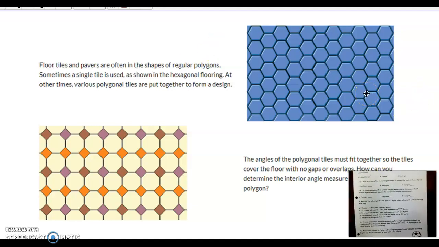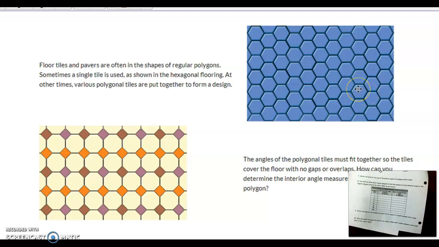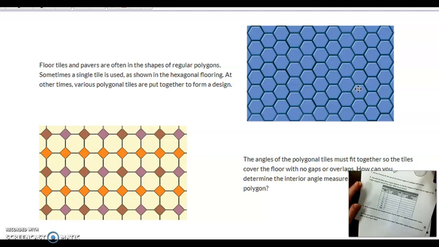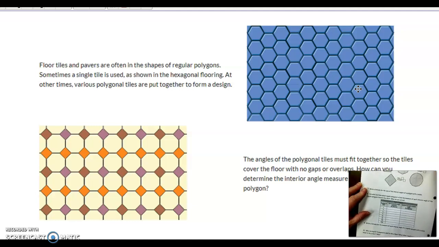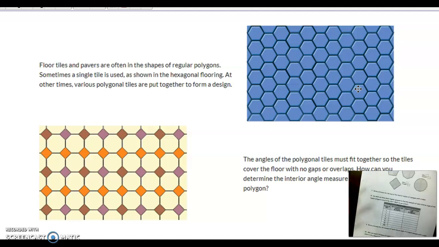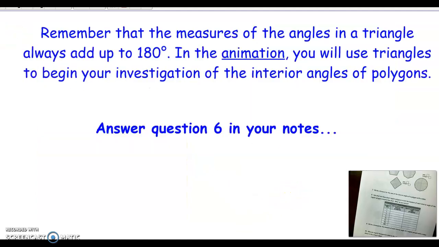That's hexagonal flooring where all of the tiles are hexagons and they are regular ones. But sometimes you use different polygons together to make a design, like we have here. So we have some squares, and then we have some 1, 2, 3, 4, 5, 6, 7, 8-sided figures, so octagons, put together to make a tile flooring.